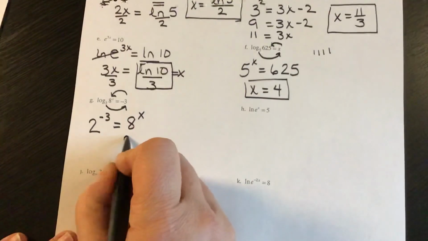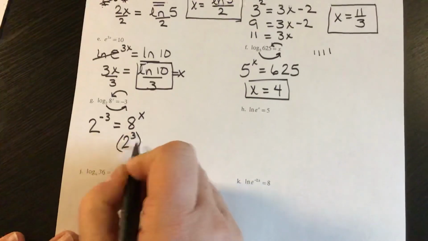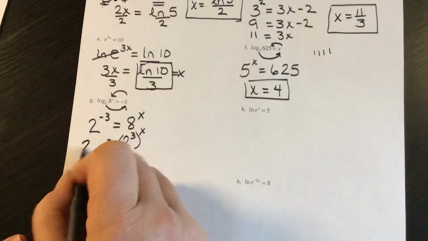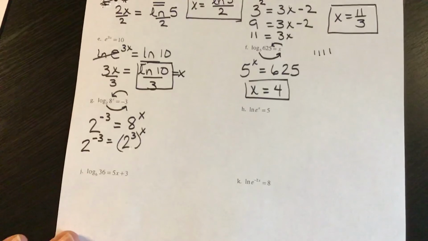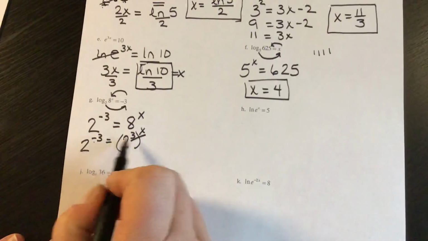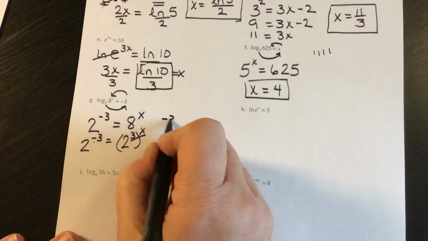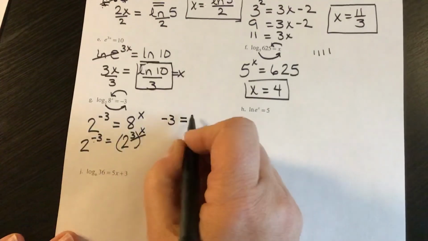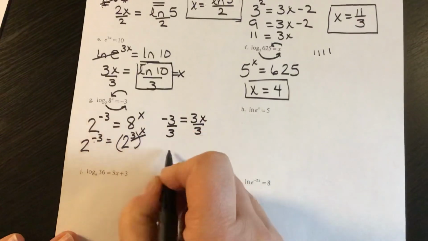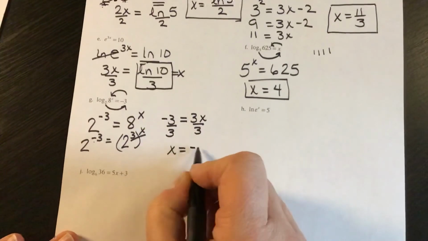So 8 is 2 to the third power, and this is to the x power, and that equals 2 to the negative third. So basically, I'm going to have my exponents equal now. So negative 3 equals 3x. And when I divide by 3, x is negative 1.